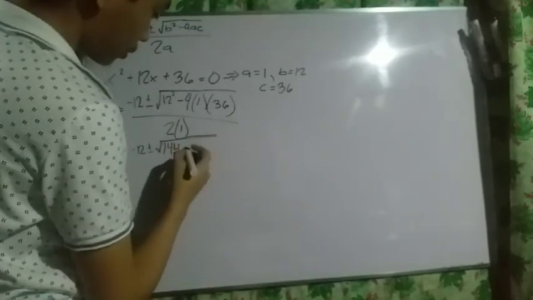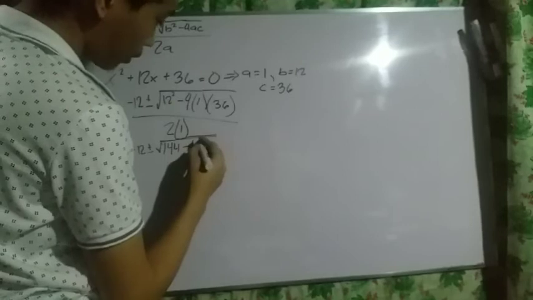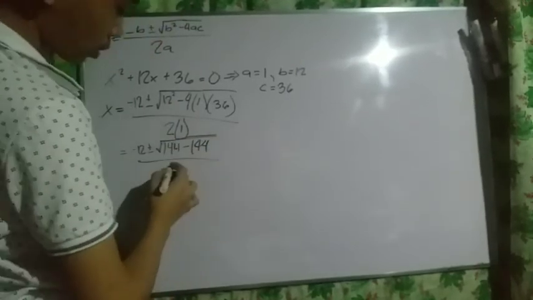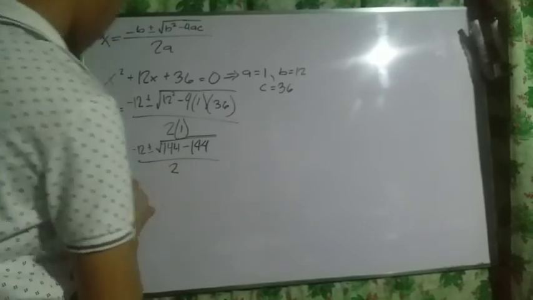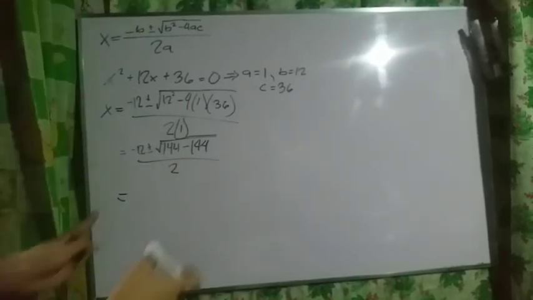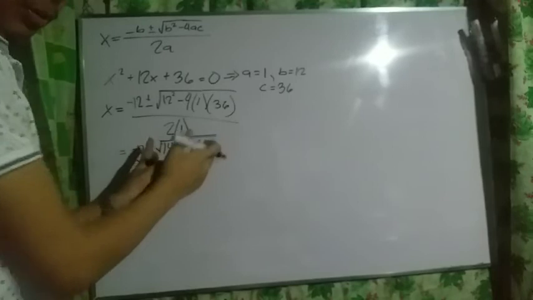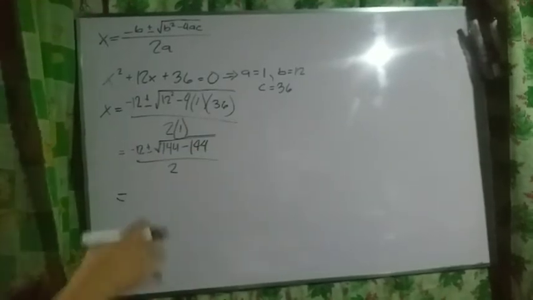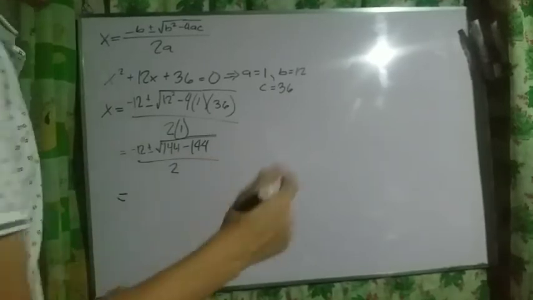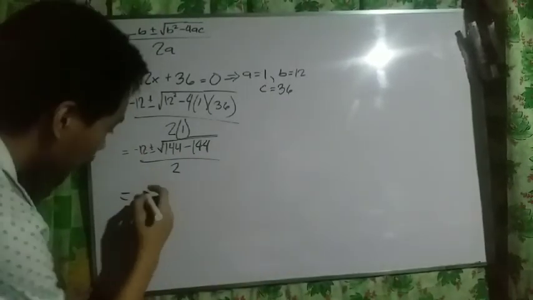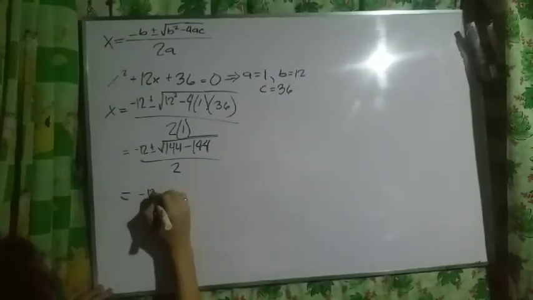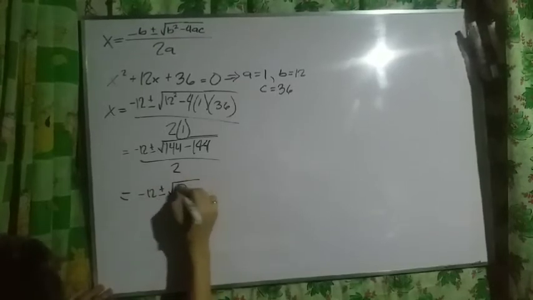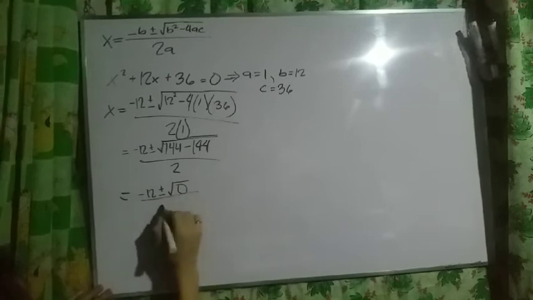So it is 144 minus 144, over 2 times 1, which is 2. So next, you will simplify inside of the square root. 144 minus 144 is 0. So first, you need to copy negative 12 plus or minus square root of 0 over 2.